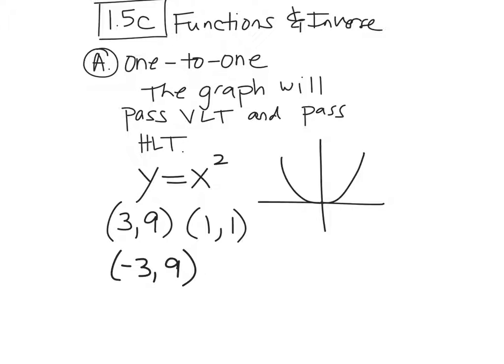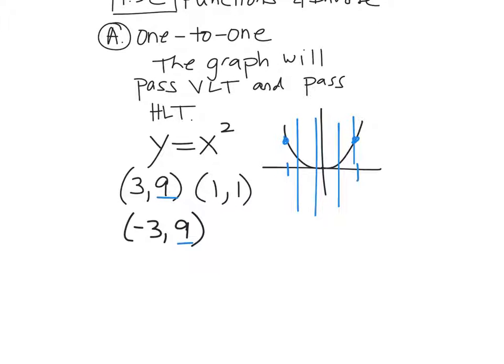Now that number can repeat. It's okay for both of those to be 9. So in order to be a function, the x's can't repeat. So this passes the vertical line test. This point -3, 9 and +3, 9, that's okay. No big deal. But this is not one-to-one, because see how 9 matches with 3 and 9 also goes to -3?